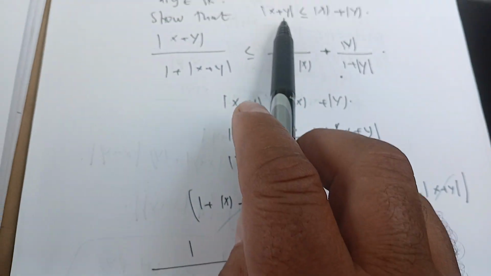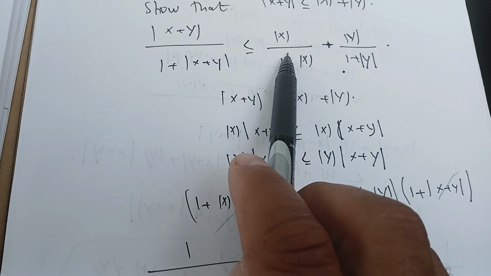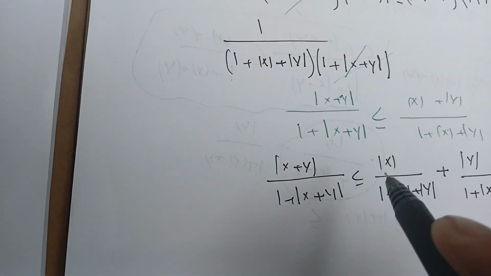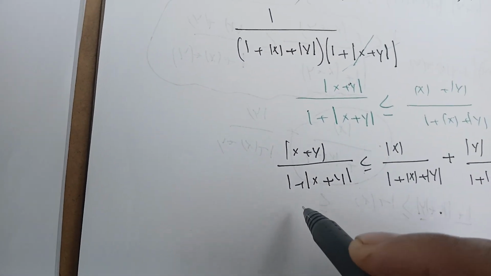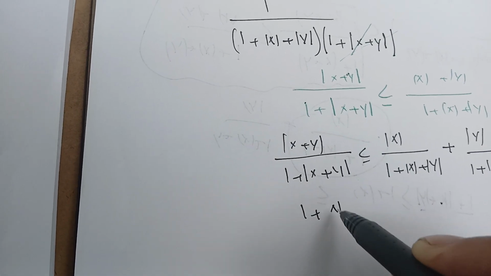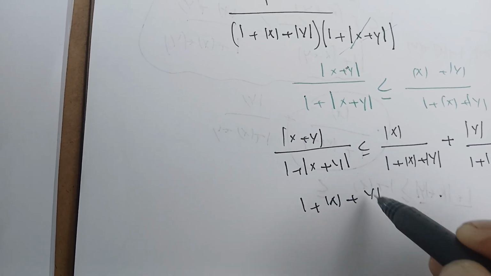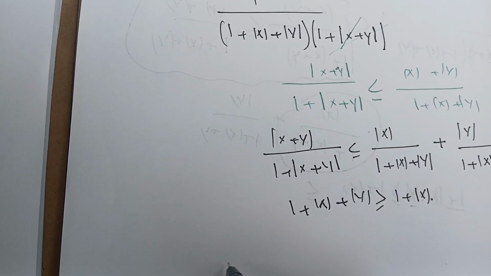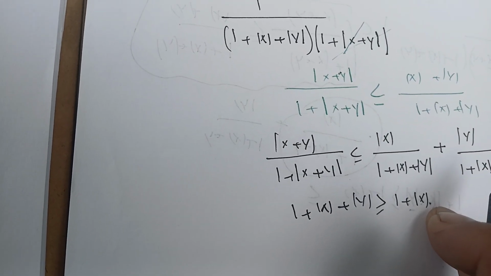So here, to get to my result, I need to do something. I know that for any x and y in real numbers, 1 plus the absolute value of x plus y is bigger than 1 plus the absolute value of x. How to prove this one?